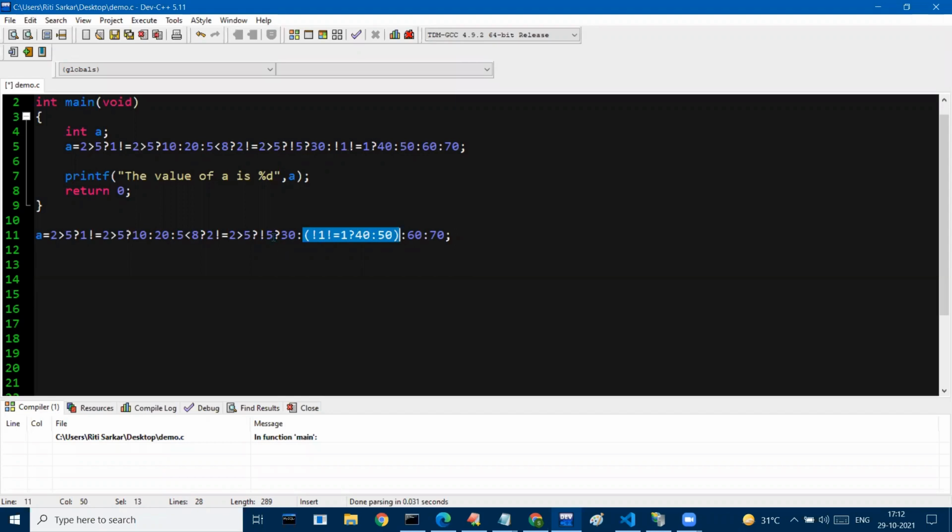I move from here, and suddenly one question mark comes. So before that, this is my expression 1. So for this conditional operator, this is expression 1, 30 is expression 2, and the entire bracketized part is expression 3. I can put them in brackets.